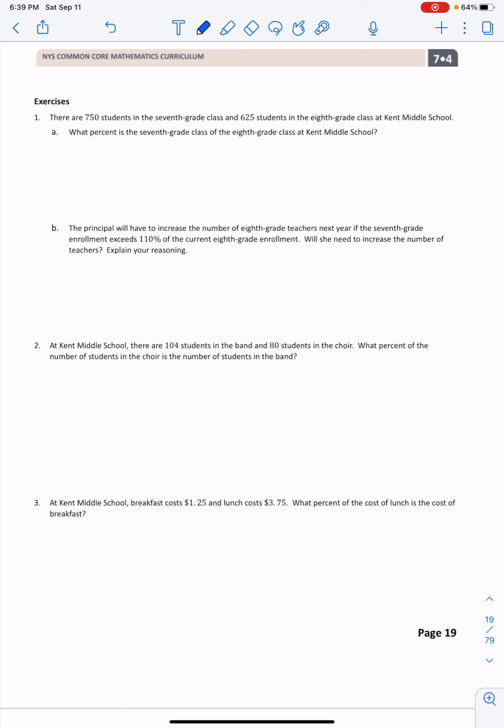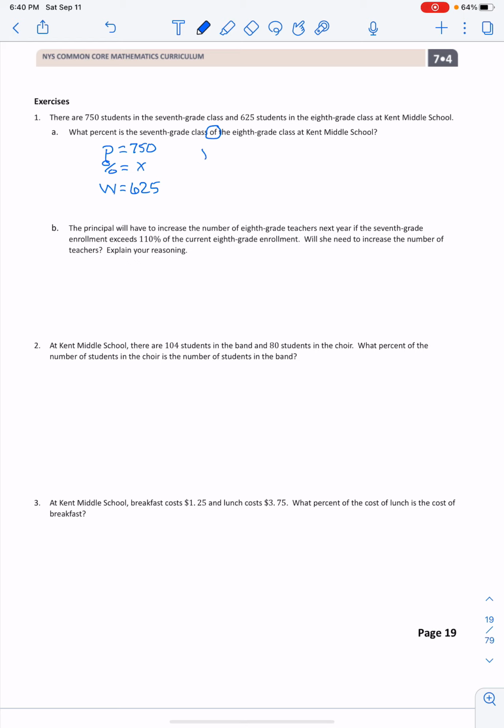A, it says, what percent is the 7th grade class, remember, of the 8th grade class in the middle school? So here, the 8th grade class has to be the whole. So our 8th grade class is 625. Our 7th grade class is the 750 that goes in the part, and we are looking for the percent.